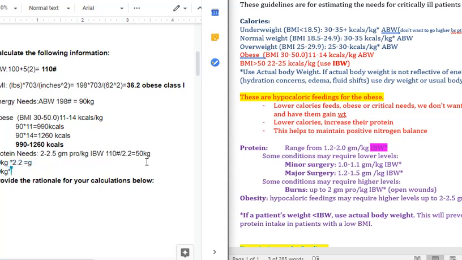Is it 2 to 2.5? So 2 gives 100, and 2.5 gives 125.